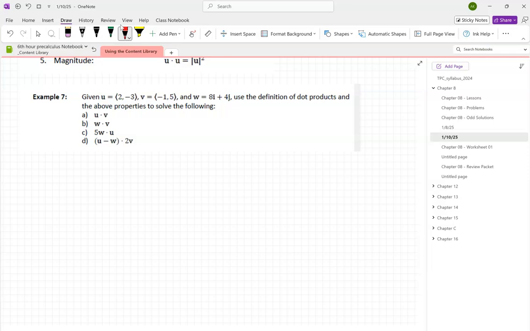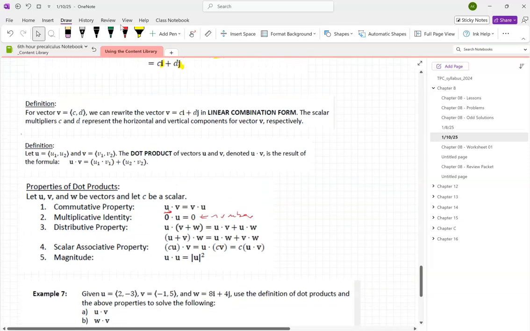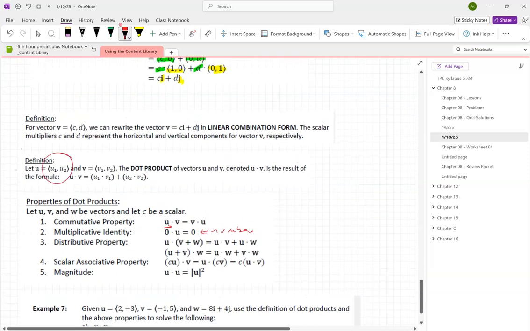Before I would start on this, what's weird about the way my vectors are given to me? Yeah, so great. Vector w is not written in component form, right? It's in that linear combination form. How is my formula for dot product given? It's for vectors in component form.